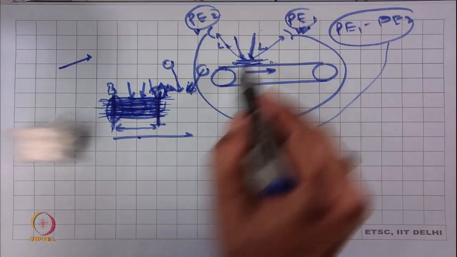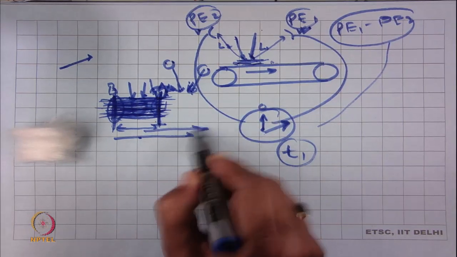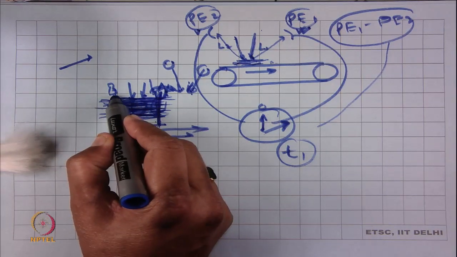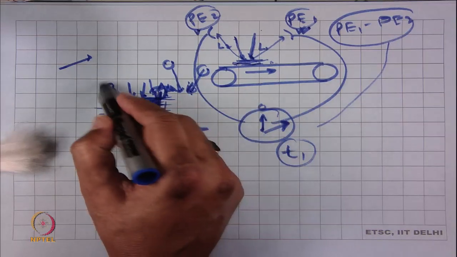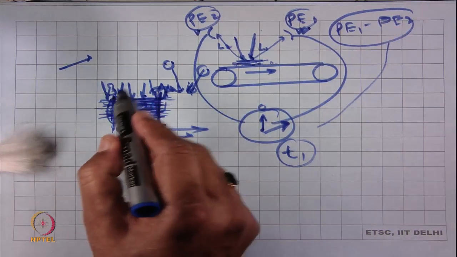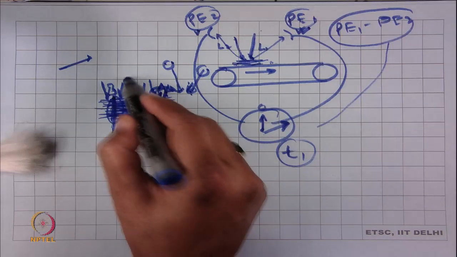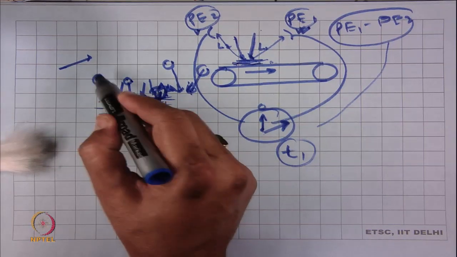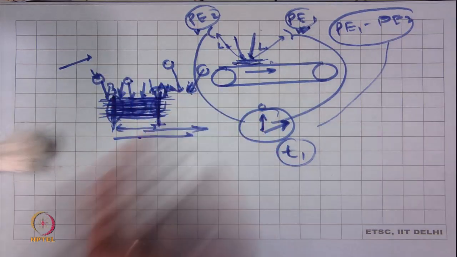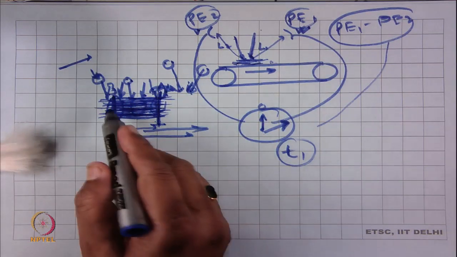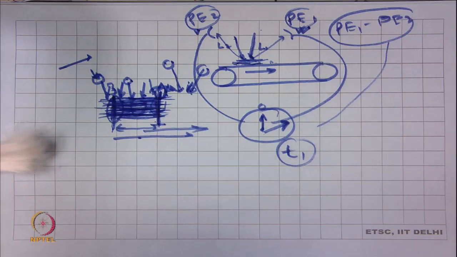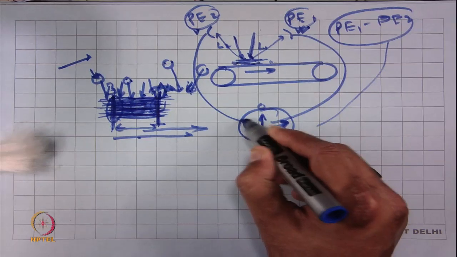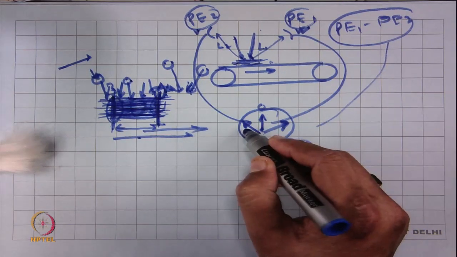Now, it is moving further continuously. When it is reaching point B, one photoelectric sensor will send a signal and the other will send a signal in an entirely different way, but in the opposite direction. The maximum deflection will be on the other side, because it is a difference.